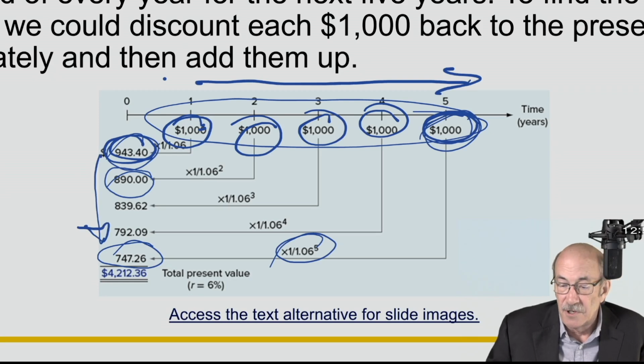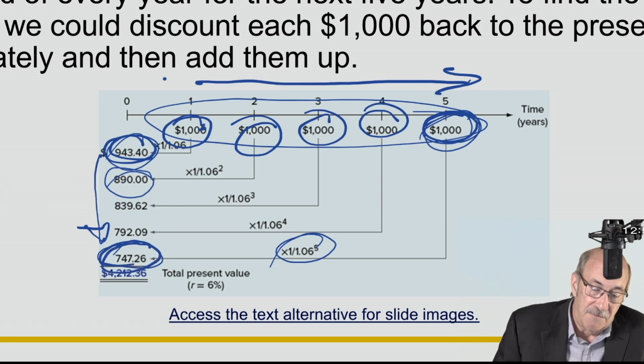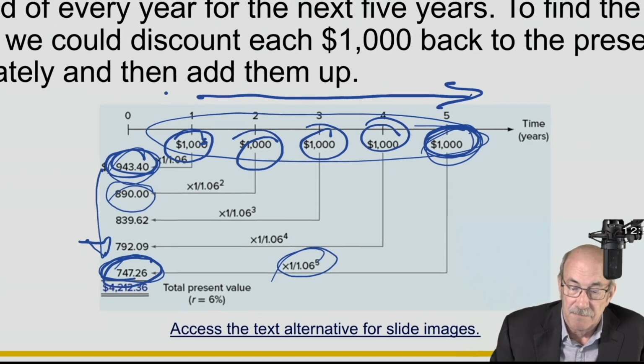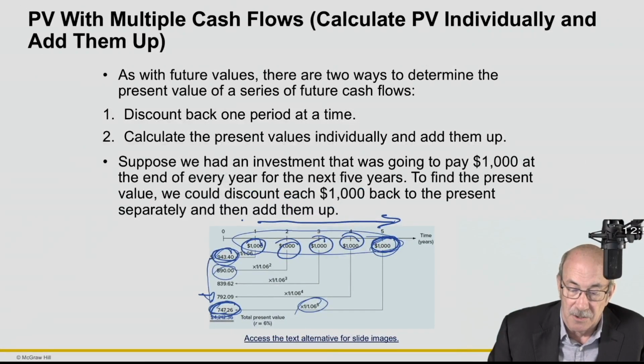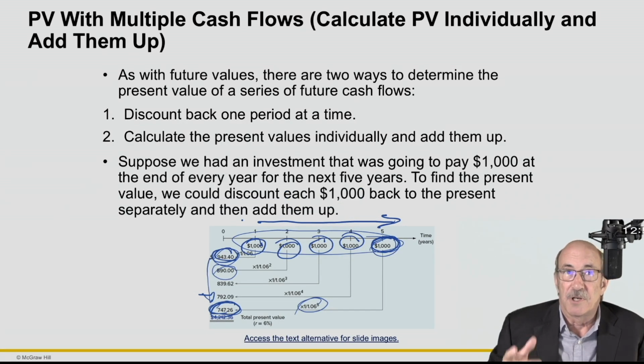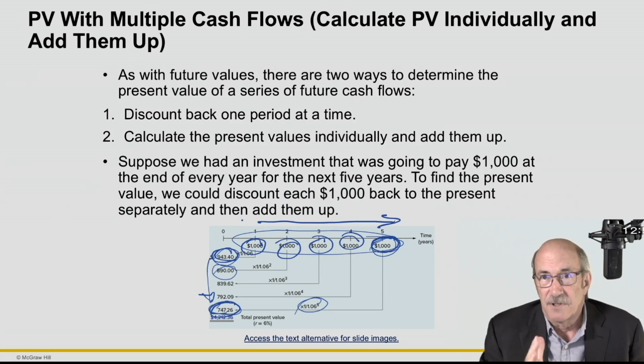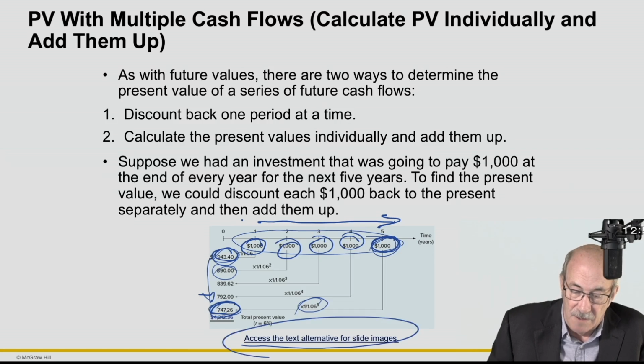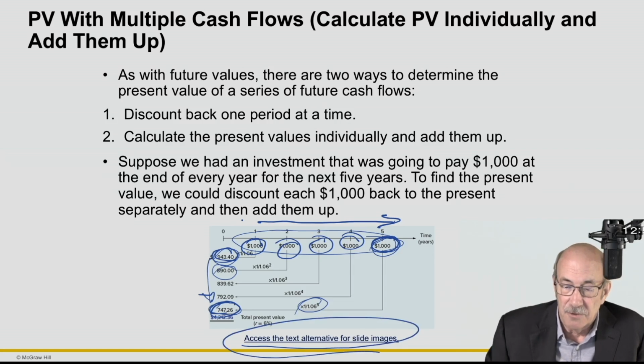If we had a cash flow of $1,000 at year 6, it would be less than $747.26. Right? I'm not going to go to the alternative slide. It shows you how to do it using all of the cash flows and go period by period. You can click on this little link down at the bottom if you'd like to take a look at that.